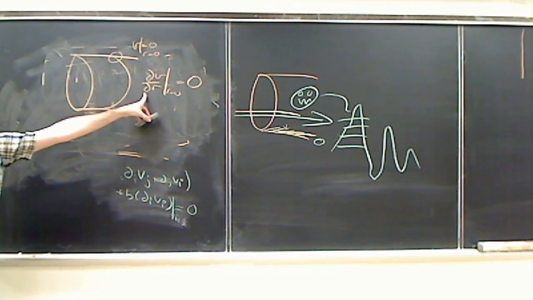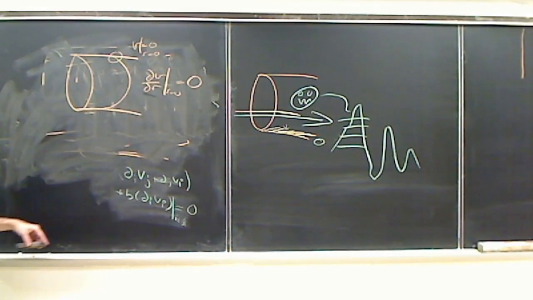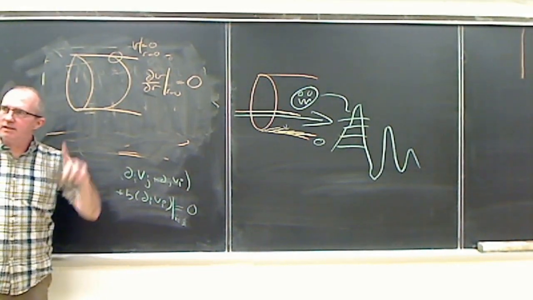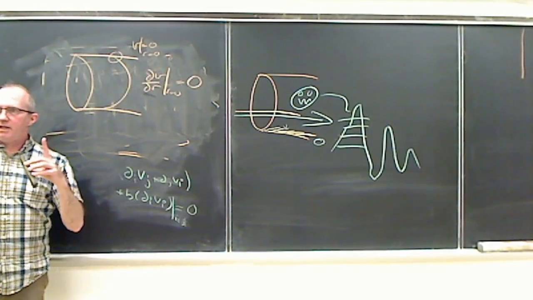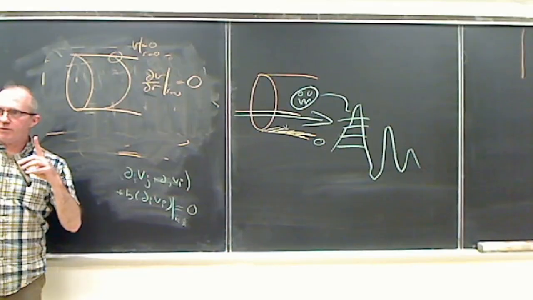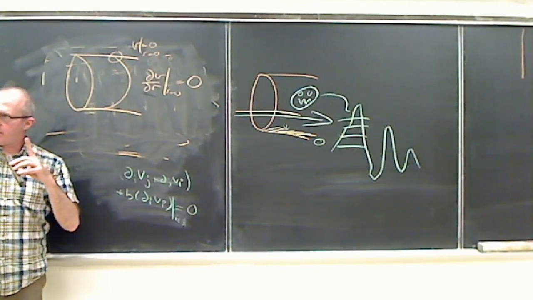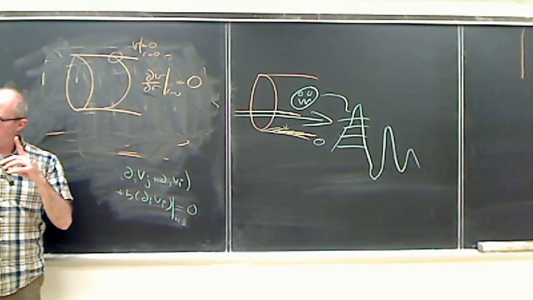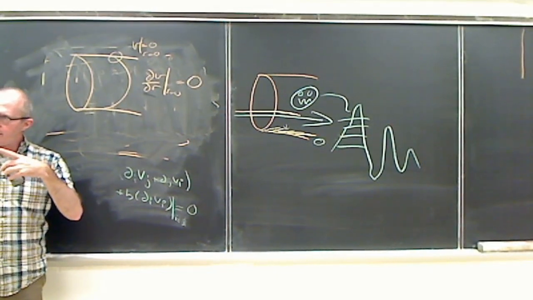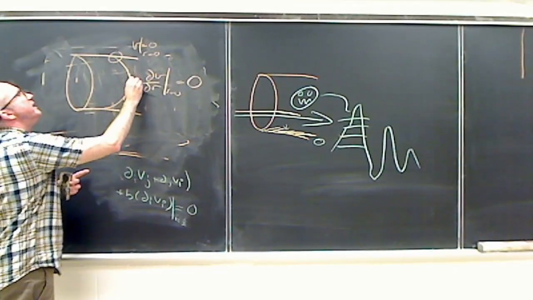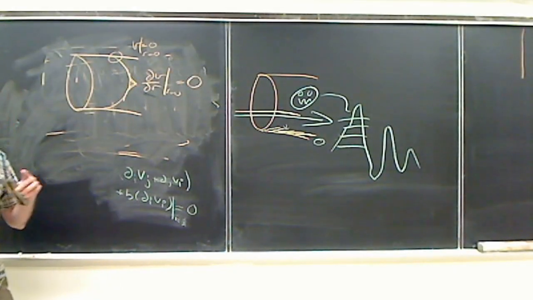The question from the reading was, why is this equal to 0? The reason is that since it's radially symmetric, if you have a derivative at r equals 0, it would have to be a singularity. You would have to have some kind of point and a peak, and then it becomes not differentiable.